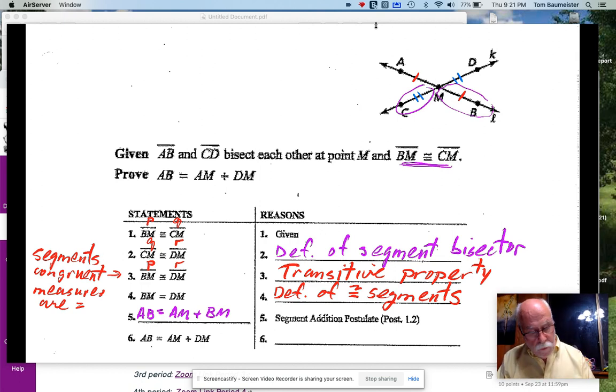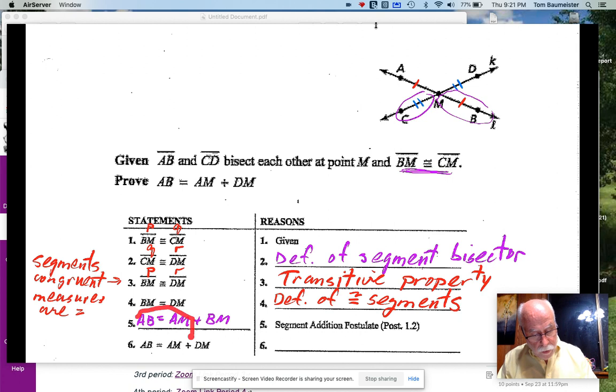And again, look at the logical statements there that we can use. If we look, what has changed? This one right here, AB equals AM. This part here stayed the same. This is what changed. And what did we do?